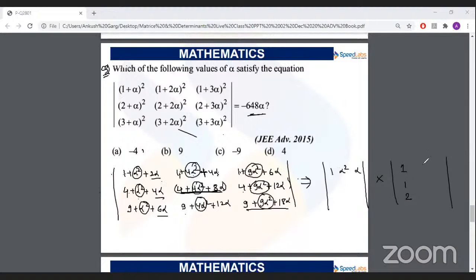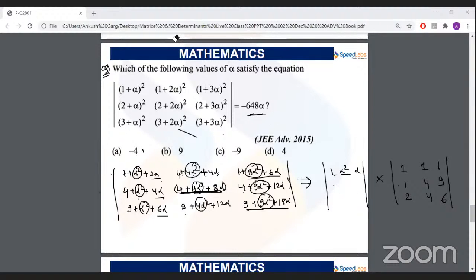If I take my second column as 1, 4, 4, तो क्या आपको दिख रहा है मुझे ये second element मिल जाएगा, this into this. And if I take my third column to be 1, 9 and 6, can you see? I'll get my third element. ऐसे ही अगर यहाँ पर मैं second row को गाइज ये ले लेता हूं, that is 4, 1 and 2, sorry, not 4, 1 and 2.